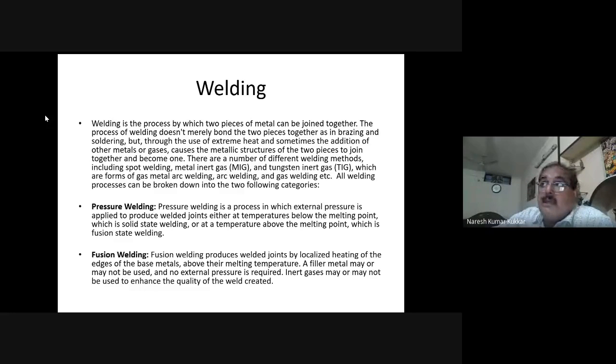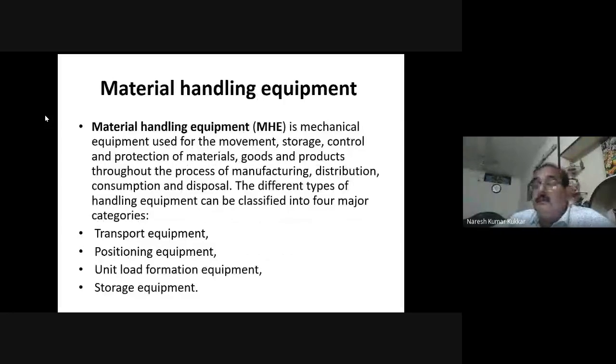Welding can be used for any method, not only for MS purposes; for other materials also we use welding. Fusion welding produces welded joints by localized heating of the edges of the base material above their melting temperature. A filler metal may or may not be used, and no external pressure is required. Inert gases may or may not be used to enhance the quality of the weld created. So there are basically two types of welding: pressure welding and fusion welding. Now comes the material we use after welding.